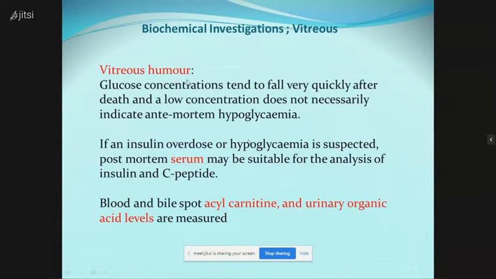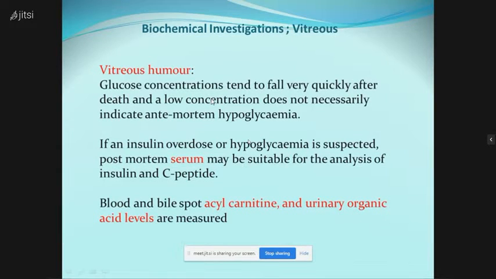Vitreous humor glucose concentration is important and much more stable than the glucose in the blood and in the serum.